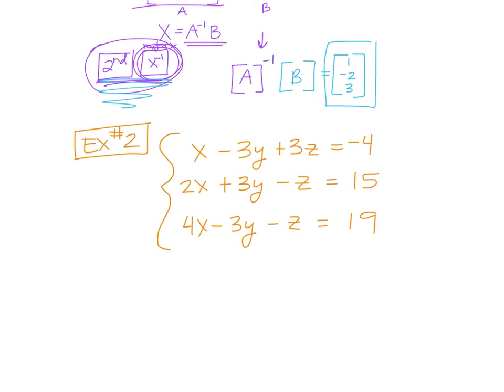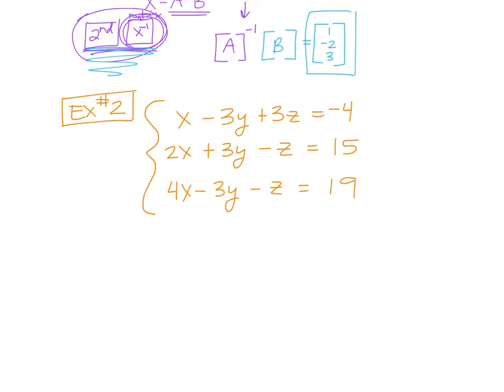Okay. One thing to note, if ever there's just a variable not there, like say the x was completely gone, you would put a 0 in there. If there was no variable there at all, plug a 0 into your matrix in your calculator. But right now, that coefficient is actually a 1, right? So there's a 1 here, there's a 1 here, there's a 1 there. So it's 1 and -1 and -1.